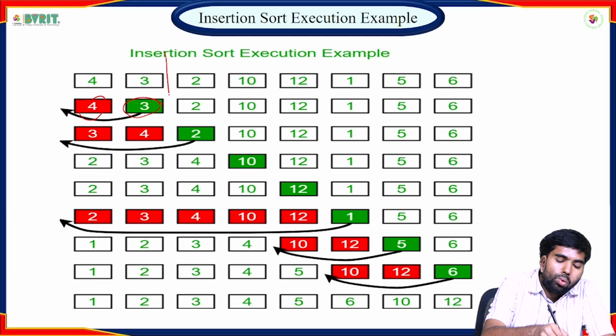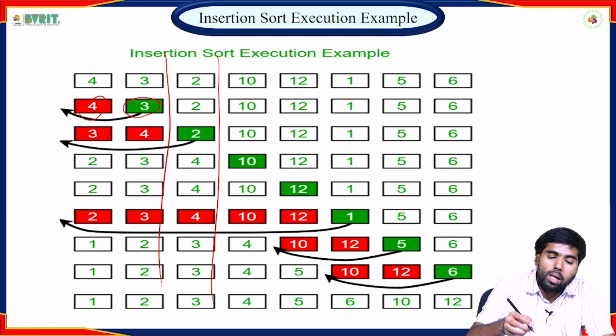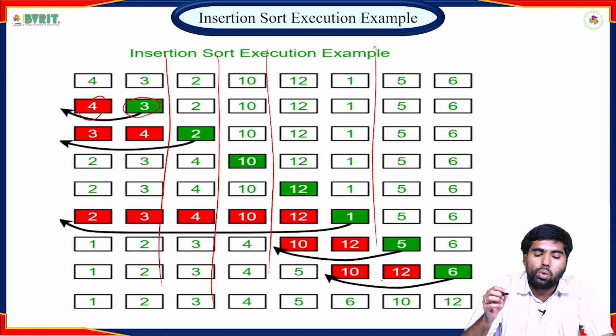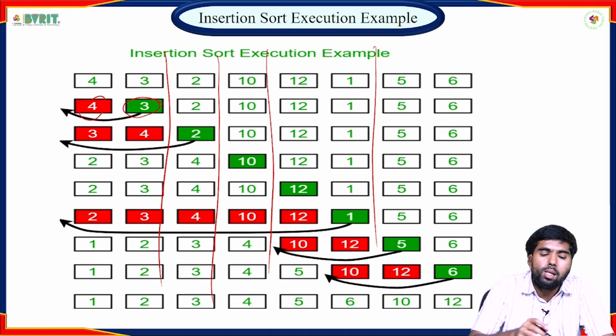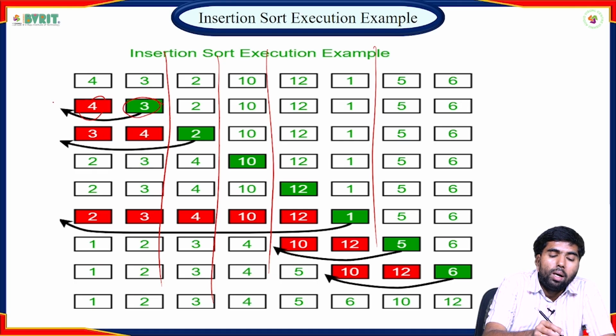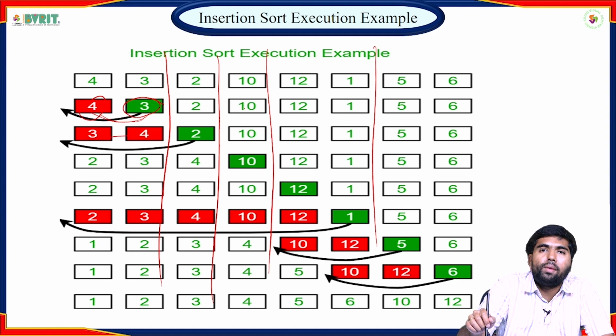Let's consider 2 elements to be one region, the next 2 elements another region, and so on. For the first region, 4 and 3, we compare, so 3 and 4 will come, and the other elements are left as they are.